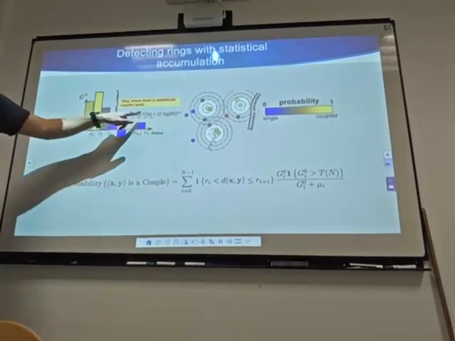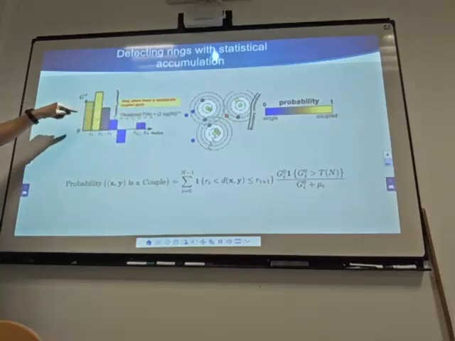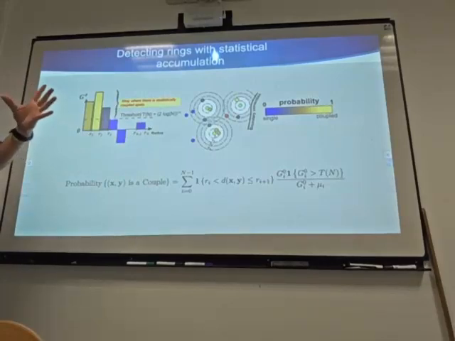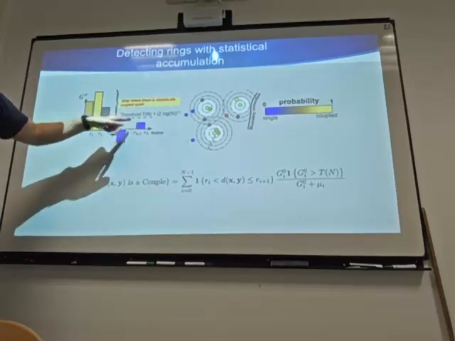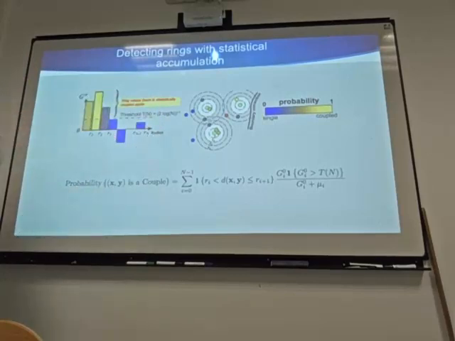Why do you need a threshold that depends on n? It's because imagine that you have a lot of components. By chance you will have some components that are high or low. This is just natural. If you have 1,000 components, 1,000 rings, you will have rings that can reach 3 or 4 just by chance. And so you need a threshold that adapts to n.